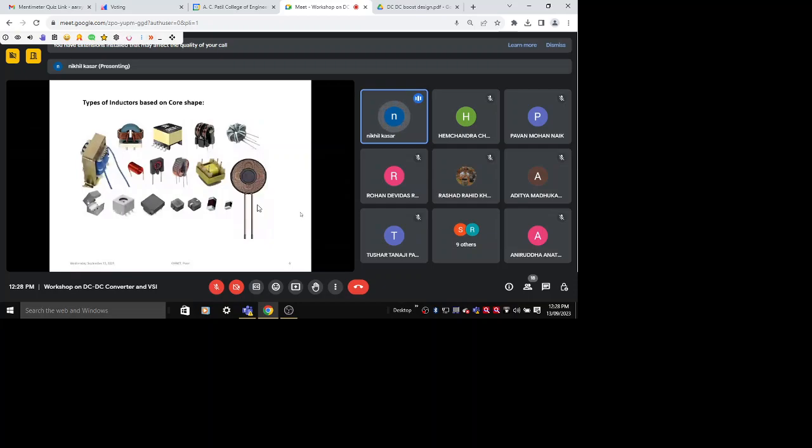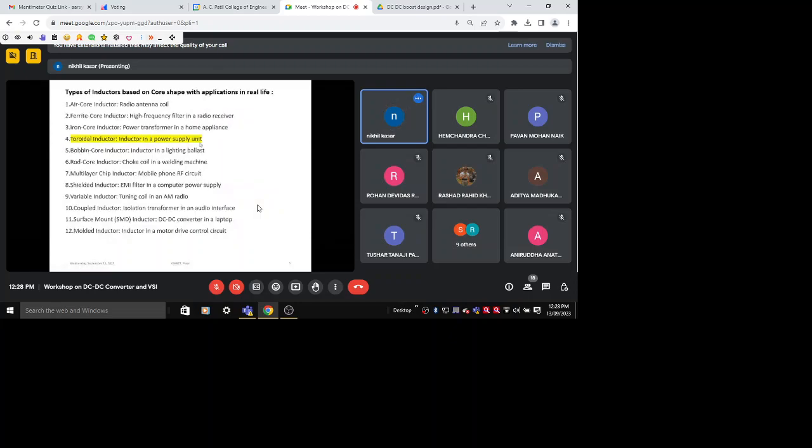So if you see the starting I or toroidal core inductor circuits or the SMPS, the inductors which are used.